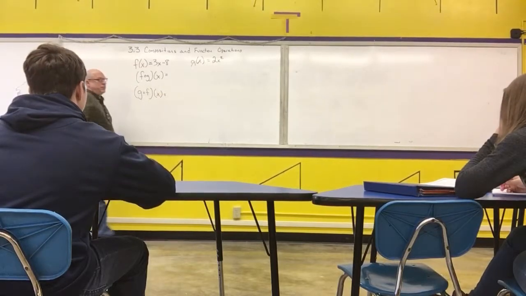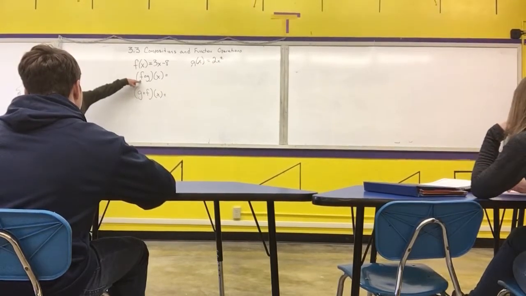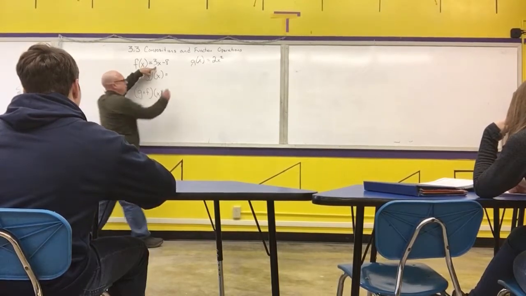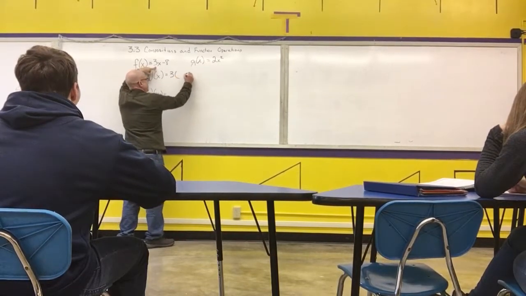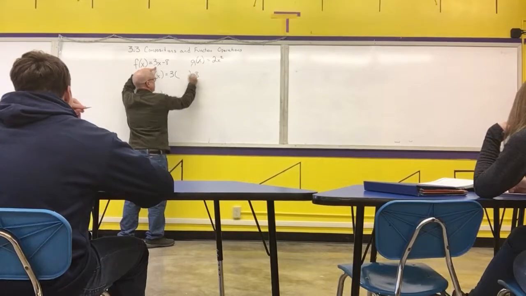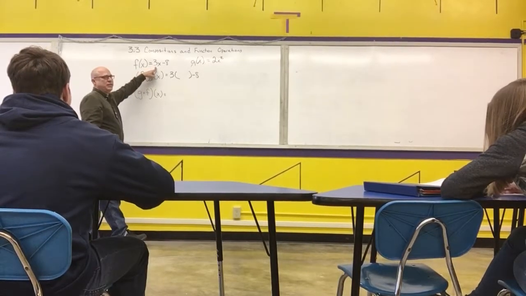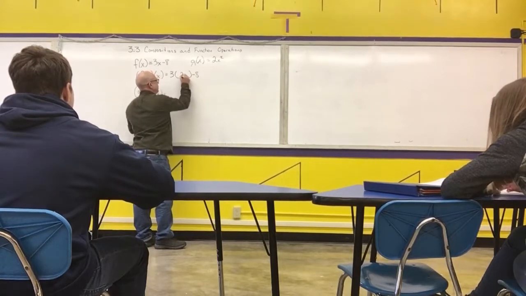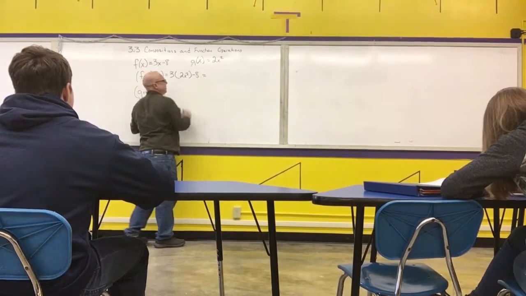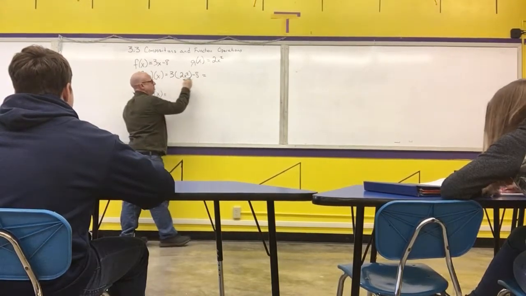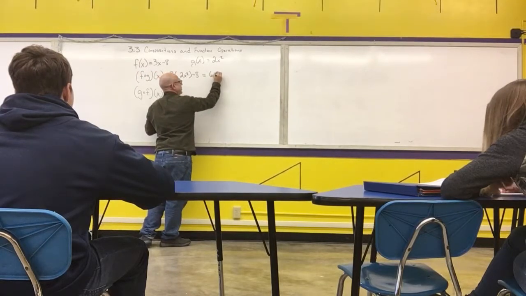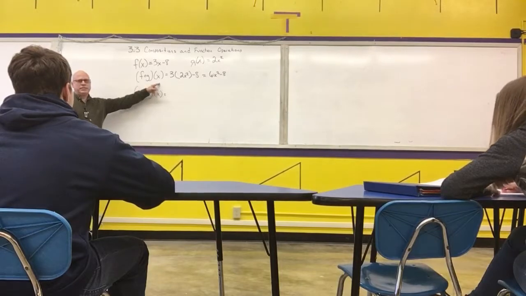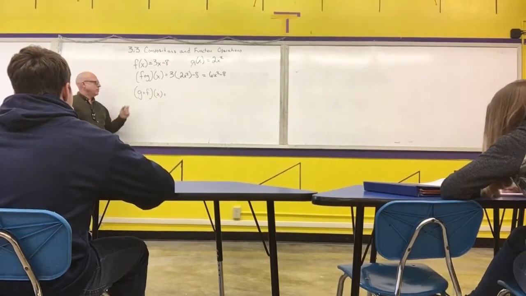So my rules say to write down the outside function, except where there's an x, put parentheses. So I'm going to write 3 parentheses minus 8. Inside the parentheses, I write the inside function. Simplify. 3 times 2 is 6. So I now have what f of g of x, or f composed with g, is.